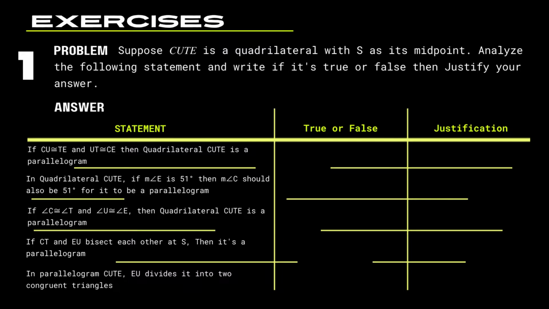If CU is congruent to TE and UT is congruent to CE, then quadrilateral Q is a parallelogram. Okay. Now, going back to our conditions, we know that a quadrilateral is a parallelogram if both pairs of opposite sides are congruent or parallel.